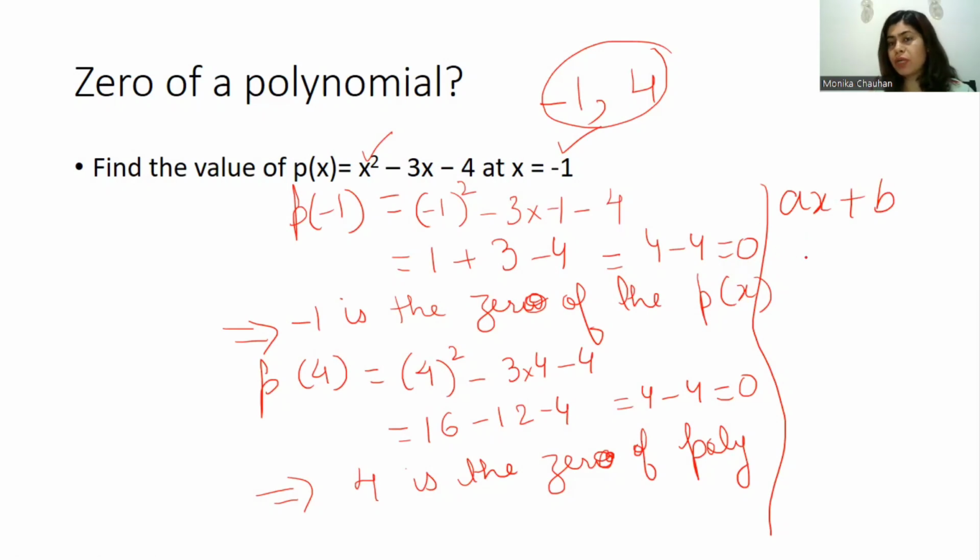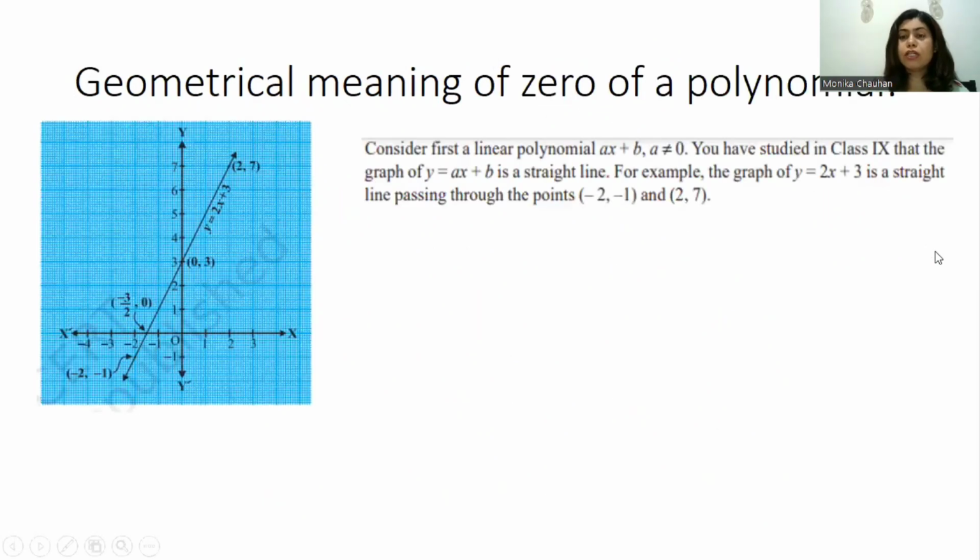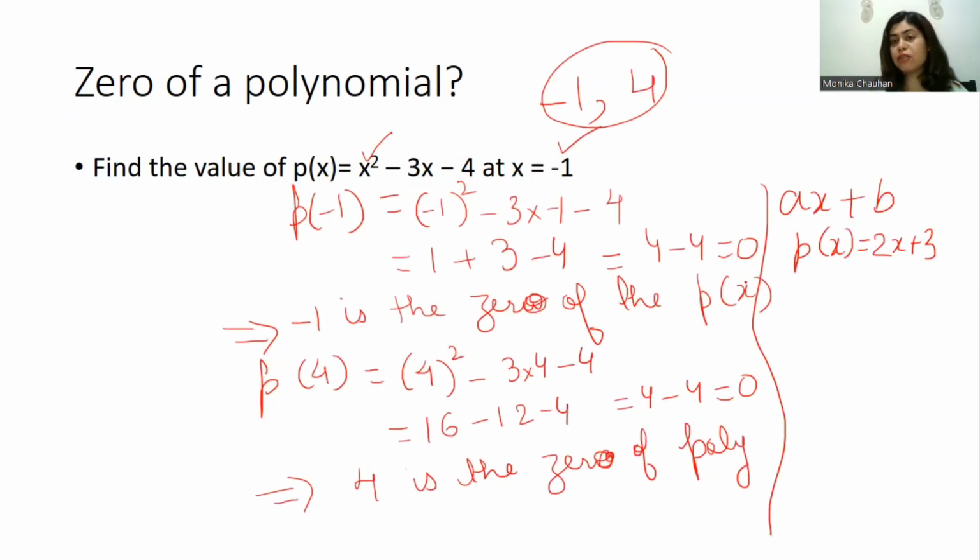Suppose your polynomial is given as p(x) equal to 2x plus 3, and I ask you to find the zero of the polynomial. How will you calculate it? You will put 0 is equal to 2x plus 3, and then simplify it further.